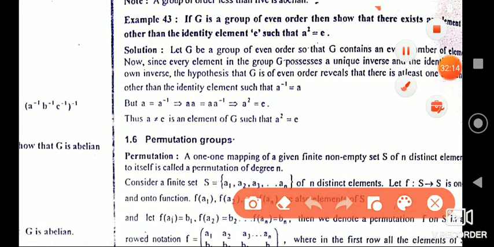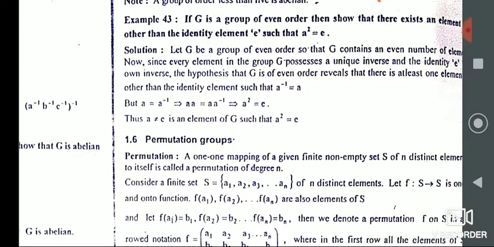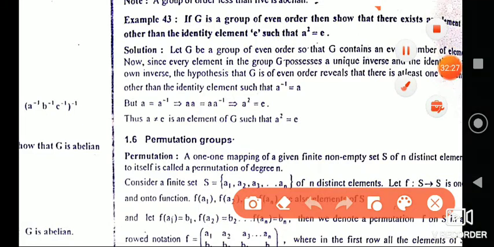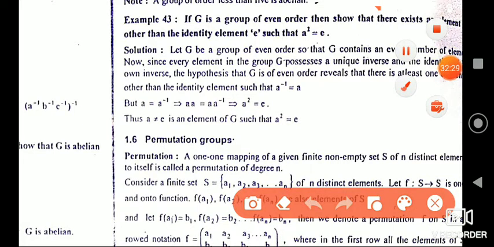So how to show that? Let G be a group of even order so that G contains an even number of elements. Now since every element in the group G possesses a unique inverse, for example, if you have A, then there should be A inverse, right?